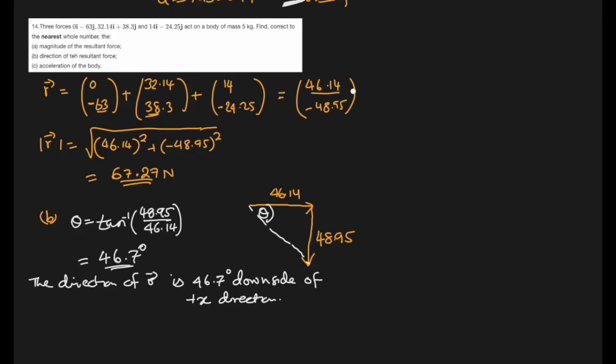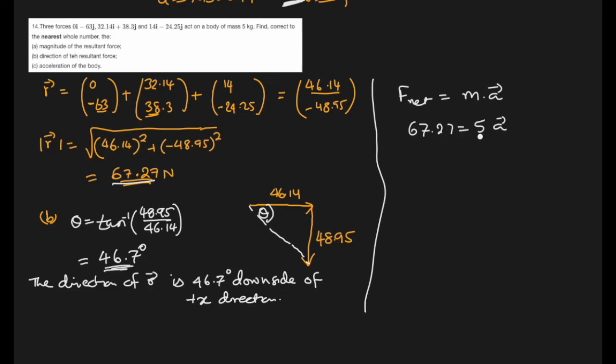C part, acceleration of the body. So we know that net force, which is the resultant in this case, is equal to mass times acceleration. So we got the net force as 67.27. 67.27 is equal to mass 5 times acceleration.